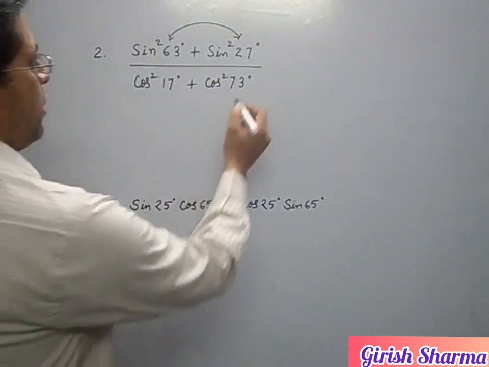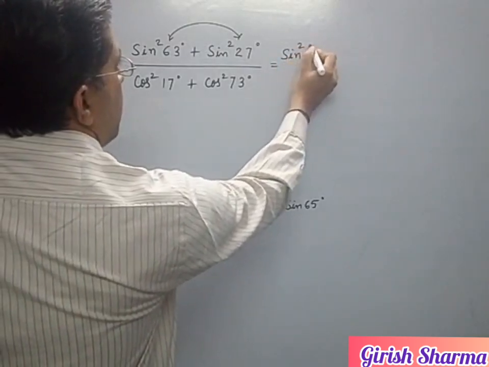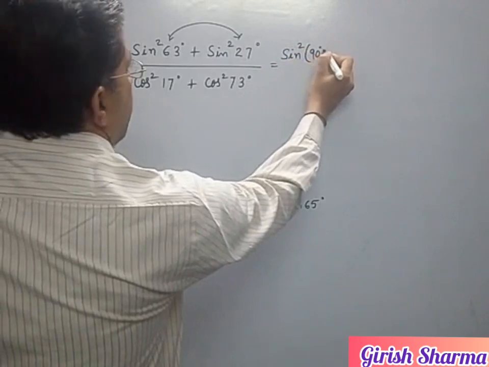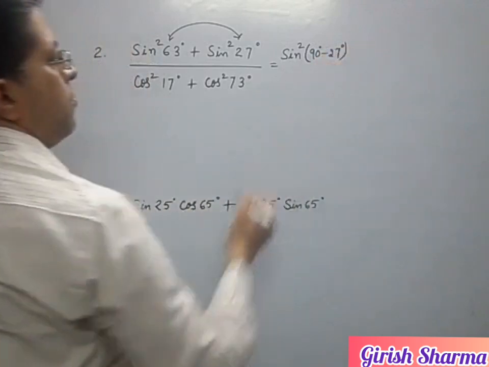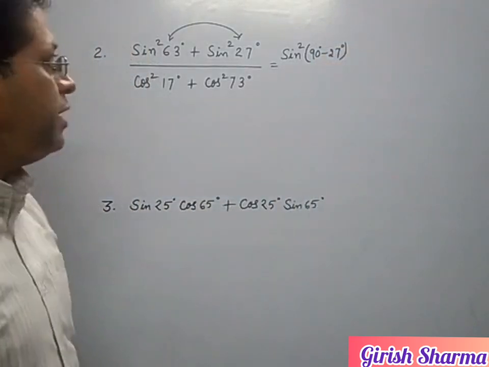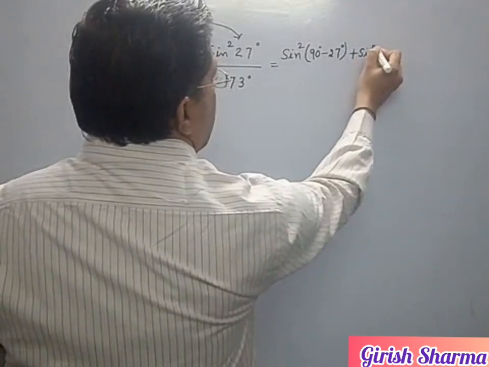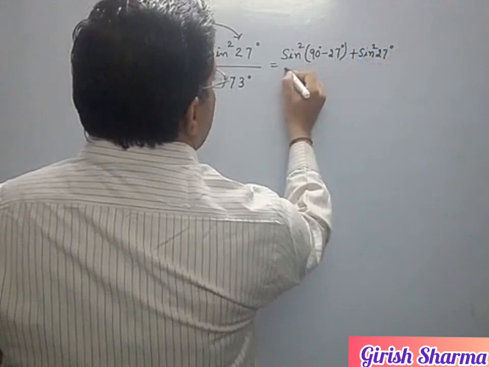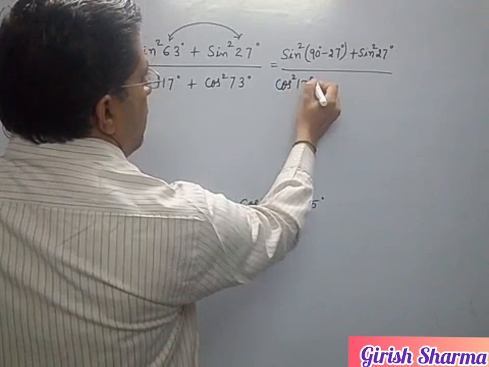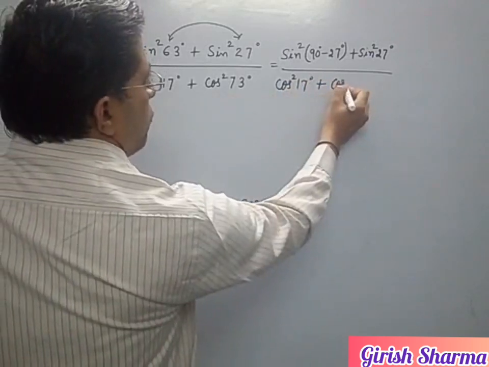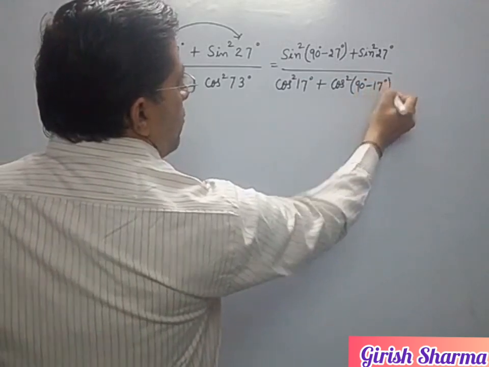So I am converting this 63 as 90 minus 27 degree. This is as it is, and cos square 17 is cos square 17 degree. Here is cos square 73. So can I write 90 minus 17 degree?